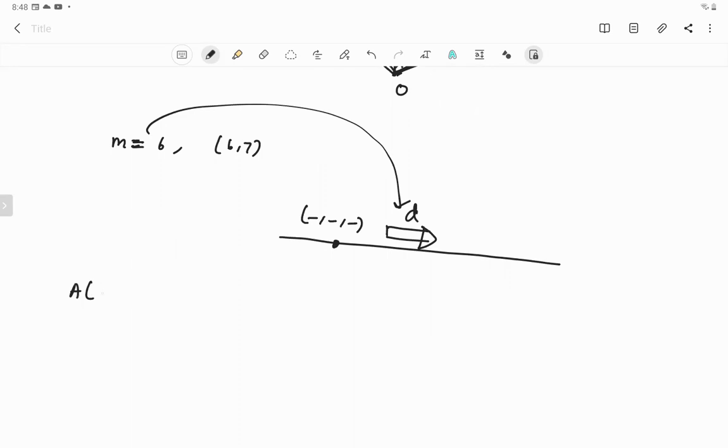Look, in O levels, you know, whenever they ask you to calculate the equation of a line, you needed a gradient and you needed a point on the line. That was your two requirements to find the equation of the line.